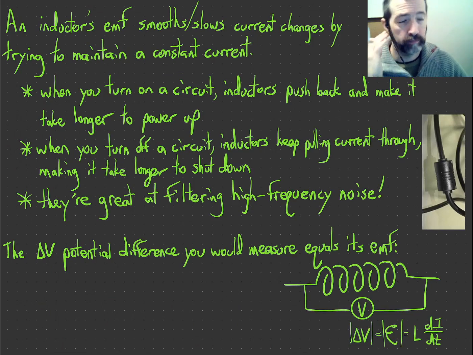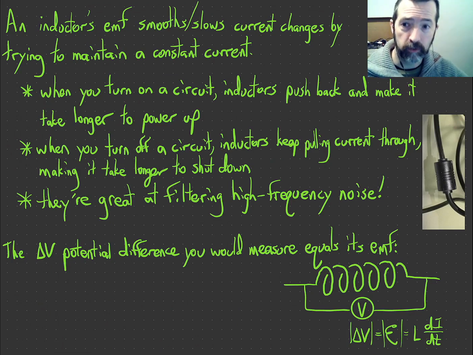Okay, so again, the core idea that you need for inductors in a circuit is that they smooth out or slow down changes in current. And functionally speaking, in the very first instant, when you first make a change to the circuit, the inductor just maintains whatever the old current was, and then the current will gradually change or gradually approach whatever the final value is going to be.